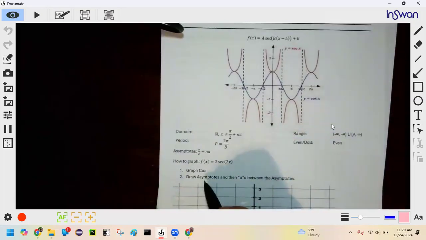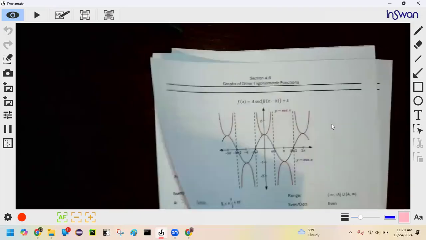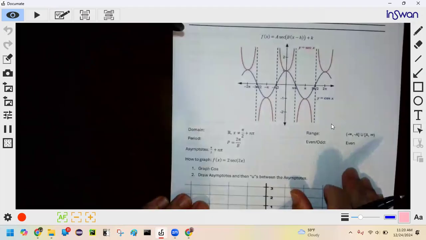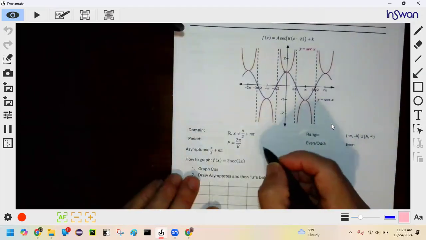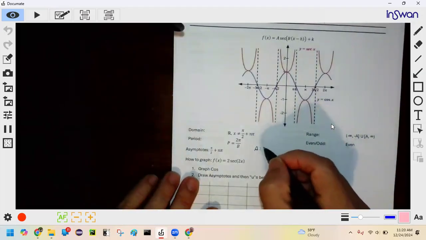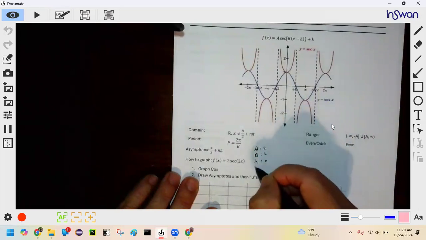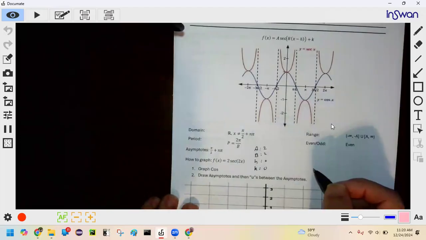All right, so we're going to draw the cosine graph. Let's say what parts we have. A is 2, B is 2, H is 0, and K is 0.